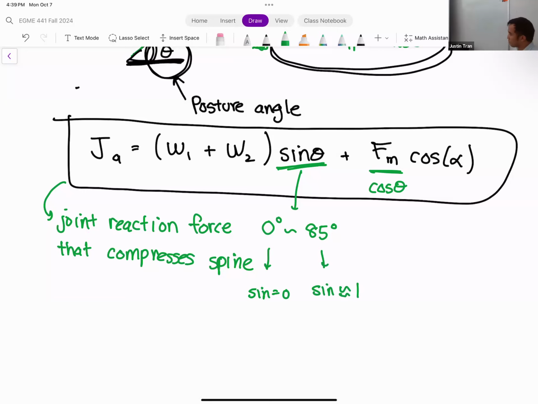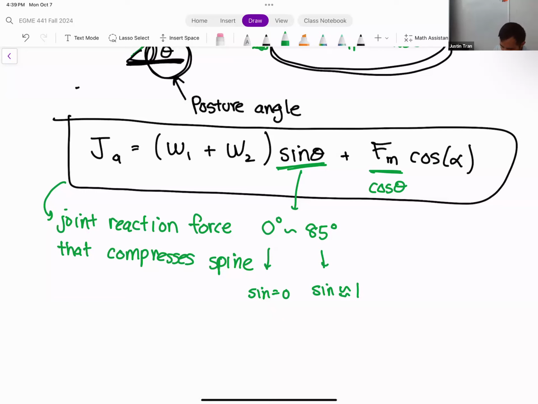So that component of the joint reaction force is going to reach a minimum when you're bent over as much, but a maximum when you're straight up. That result makes a lot of sense, because that first term with the sine is your weights. The more your weights are directly aligned with the spine itself, the more that weight is going to be supported by your spine bones or the spinal joint. So that result makes perfect sense.